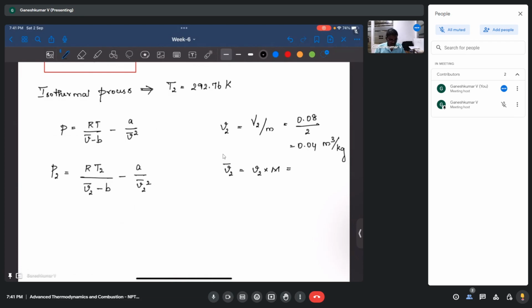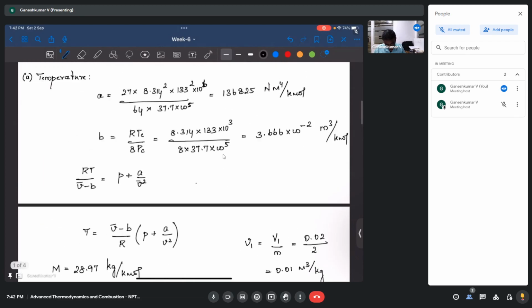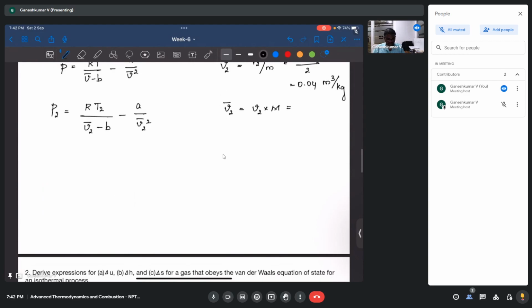Similarly V2 bar is nothing but V2 into the molecular weight, 28.97. Let's multiply 0.04 into 28.97, in kg per kilomole. When you multiply it, you will get 1.1568. Some people, instead of meter cube per kilomole, try to use meter cube per mole. You could try that also.